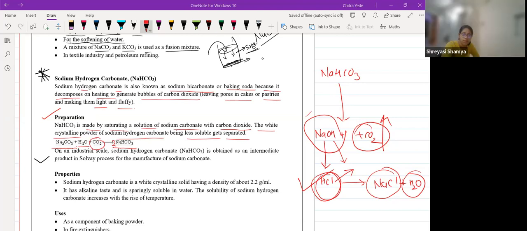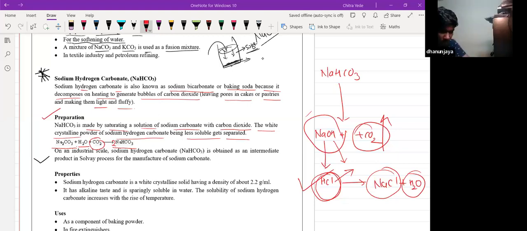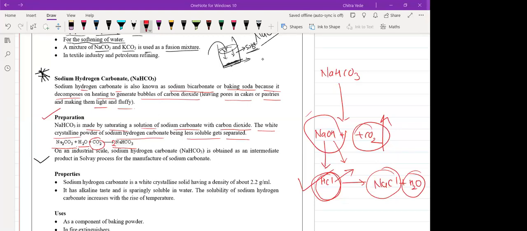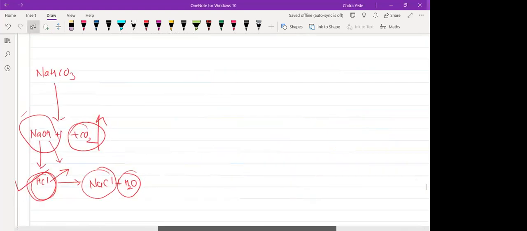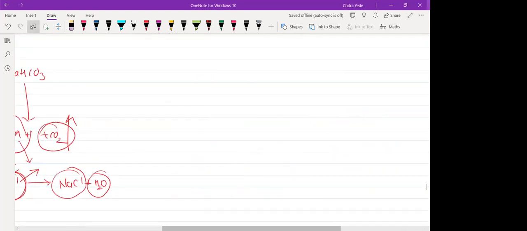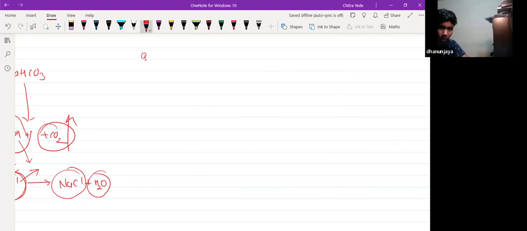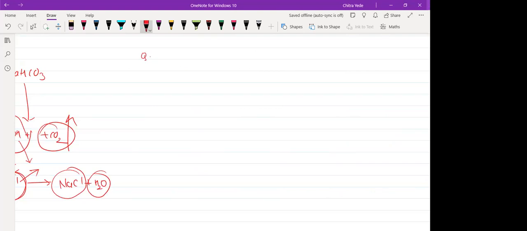Okay, you write the reaction. Can you read the question? Wait, I'm just moving the screen. Yes, can you read the question for me? On adding acetic acid on solid hydrogen carbonate.